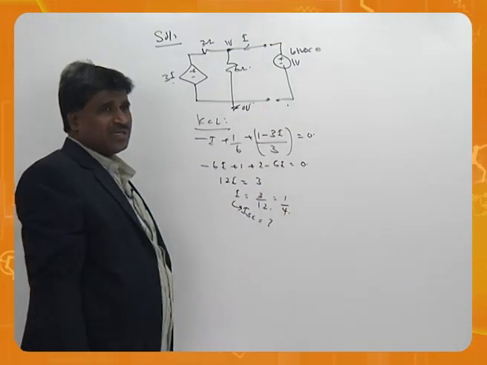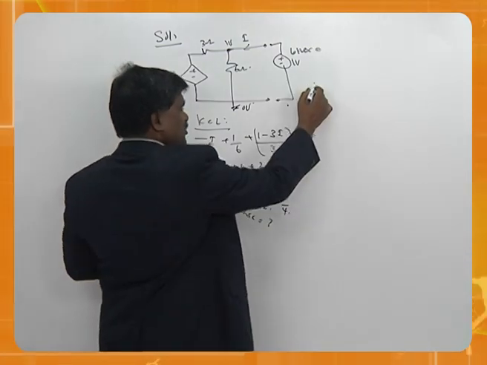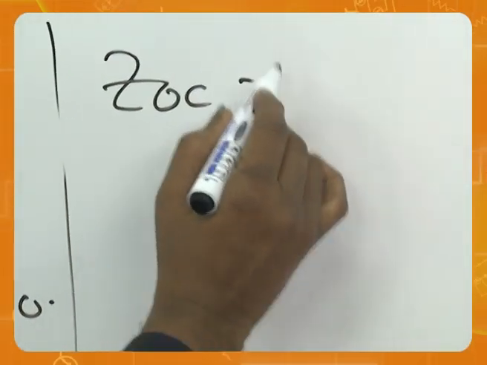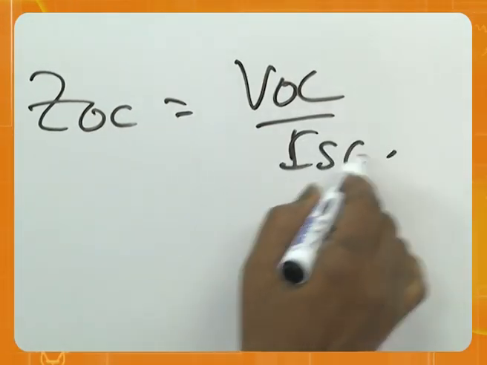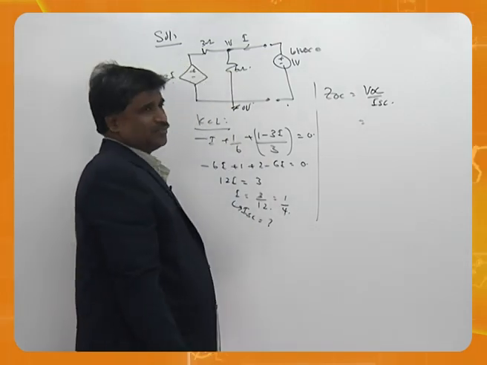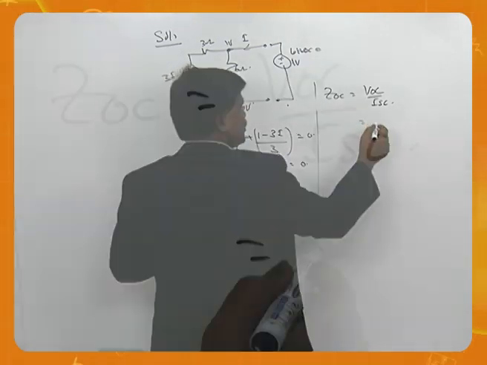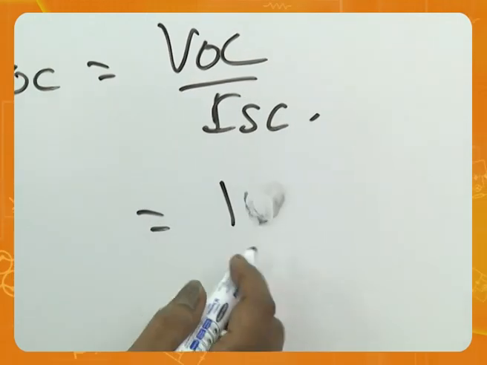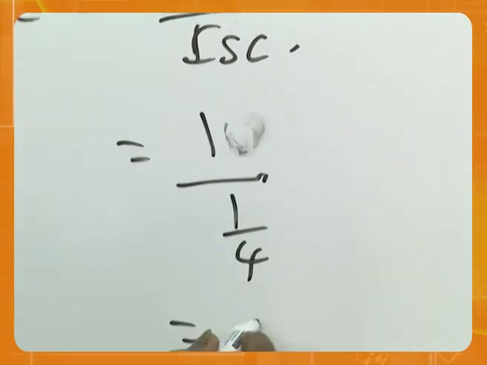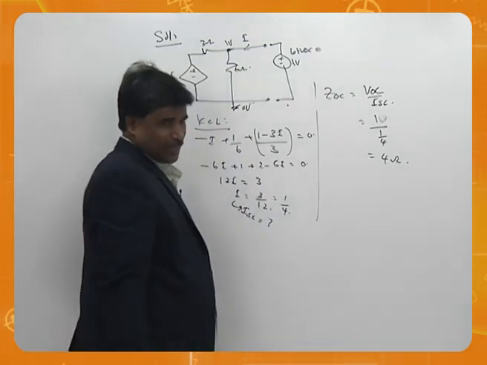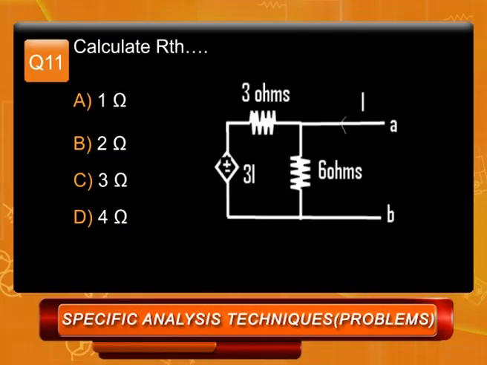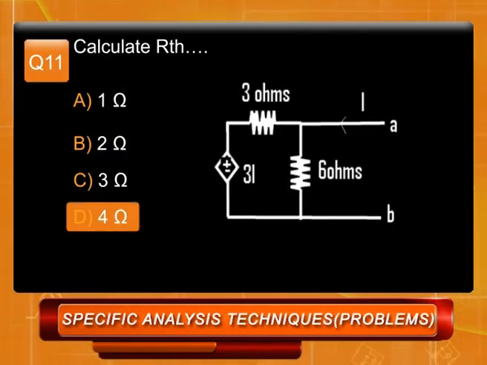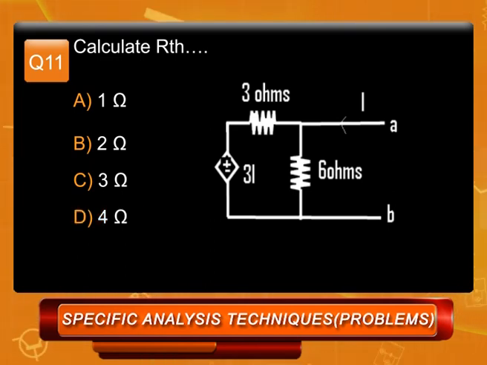Therefore, as I told you, ZOC is equal to VOC by ISC. VOC is how much? We have let it be 1, then ISC is 1 by 4, so this is 4 ohms. That's a very simple solution. The option is D, 4 ohms.